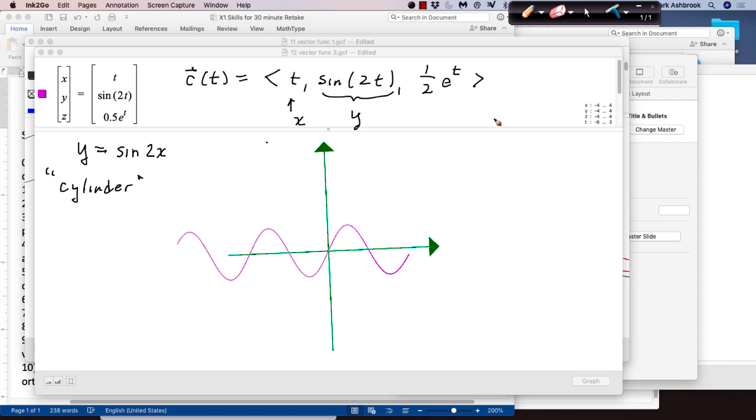What about 1/2 e to the x? Z equals 1/2 e to the x. What kind of surface is that? Z equals 1/2 e to the x. Tyler, what kind of surface is that?